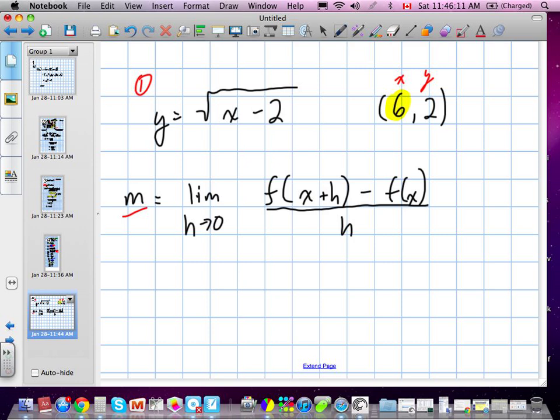So our function then becomes the limit as h approaches 0 of the root of (6 plus h minus 2), subtract the root of (6 minus 2), all divided by h.